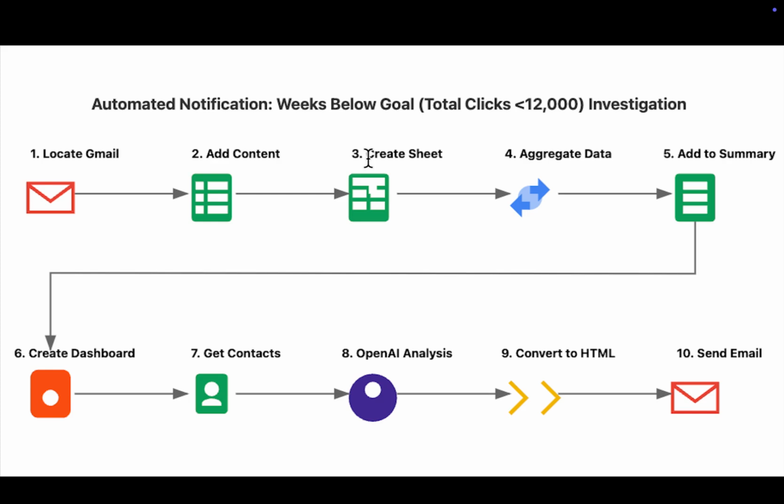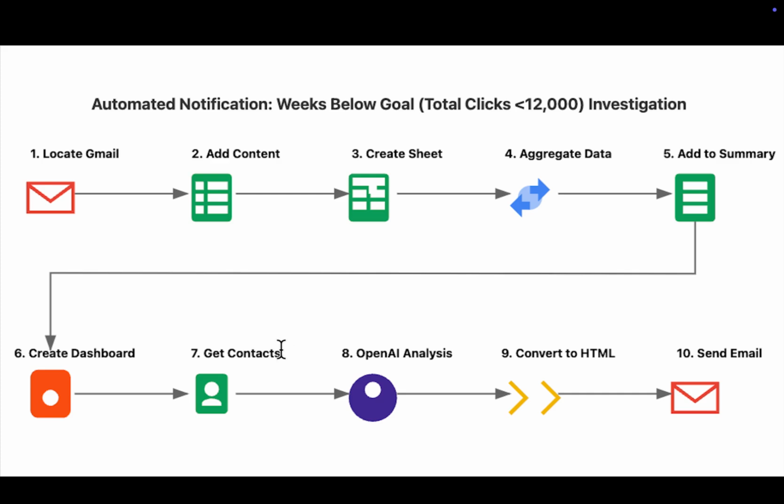Next, on that Google Sheet, create an additional Google Sheet for a summary page, and then aggregate data that we had from step two, and then take that aggregate data and paste that on the summary page collected in step three. And then in step six, we'll create a dashboard and create a URL for that dashboard for later use.